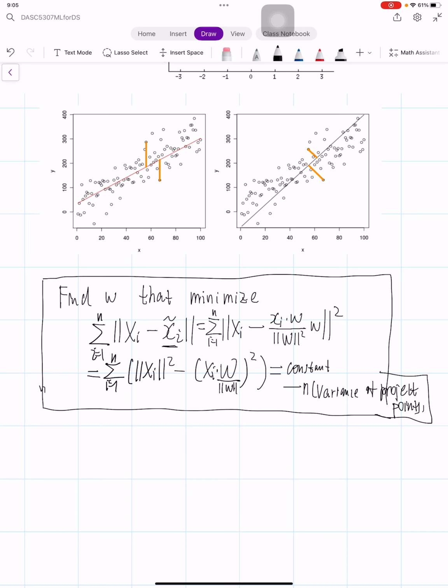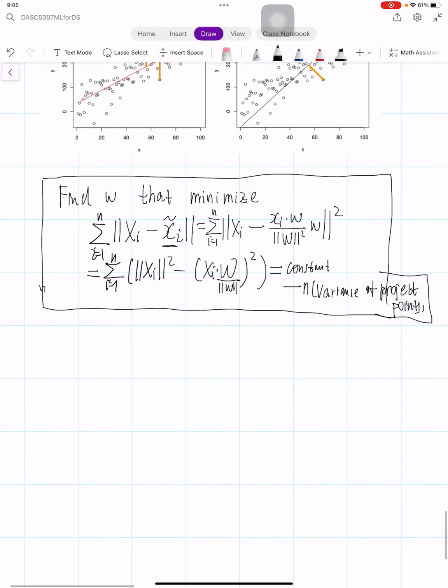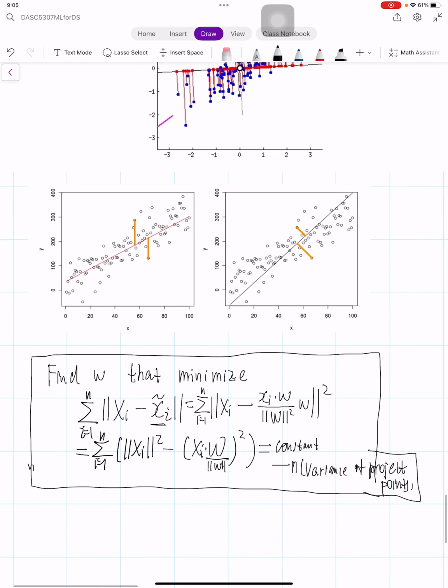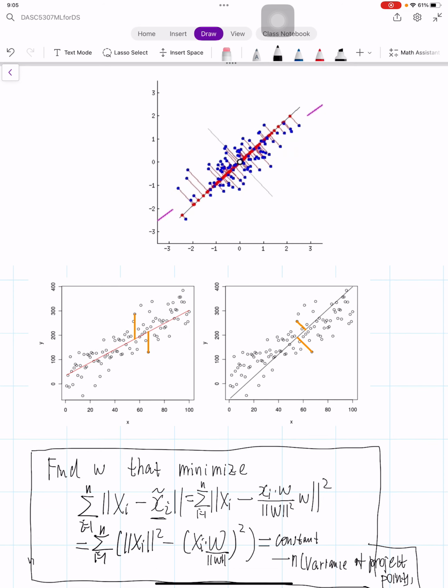I'm not going to give you the detailed proof here because it takes too much time. So that's the third interpretation of the principal component space.